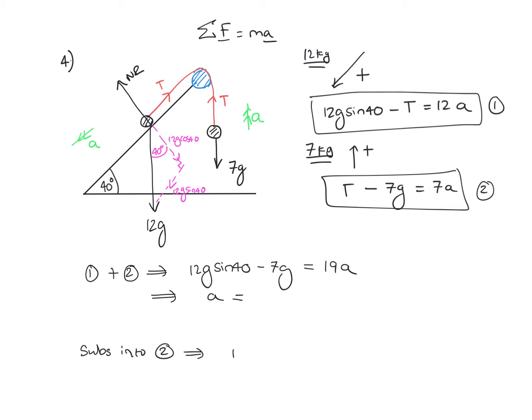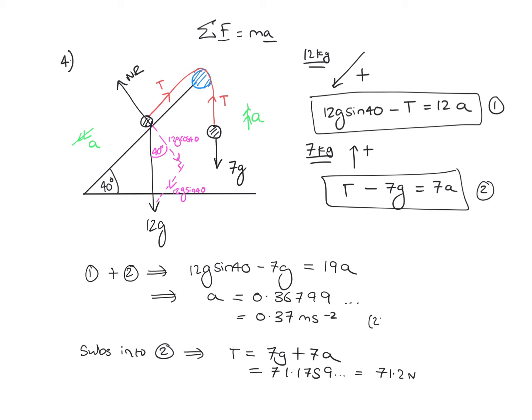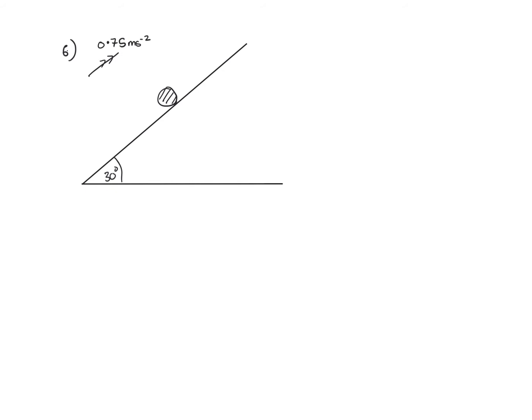Or equation 1, it doesn't really make any difference, a bit easier to sub into equation 2 and use that to calculate the tension force. So that gives me these two values, which at the very end I will round: the acceleration 0.37 meters per second squared and the tension 71.2 newtons. So here are my final answers.